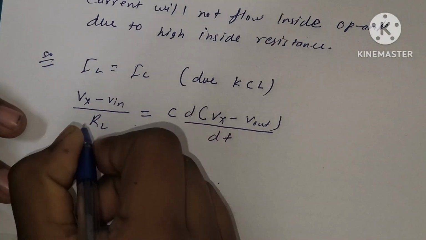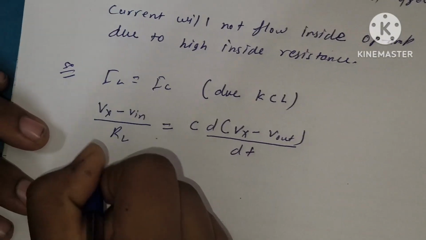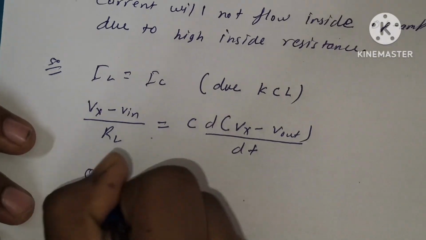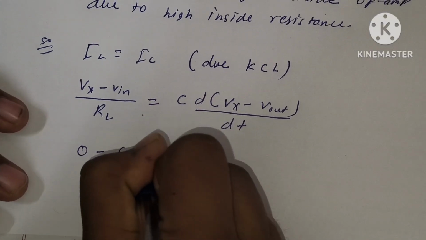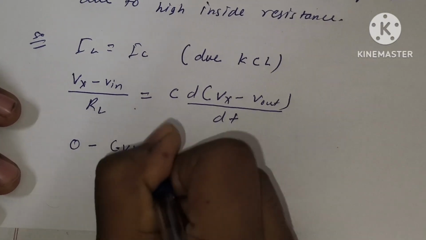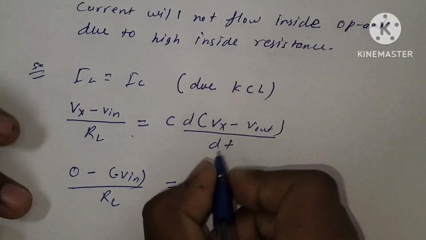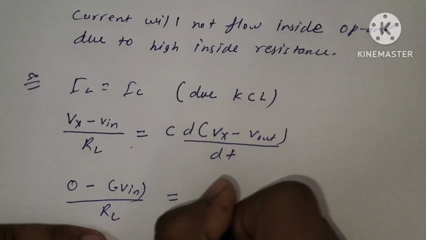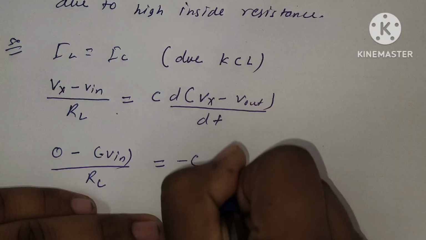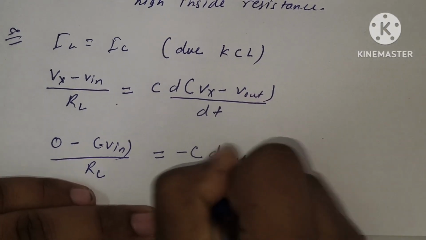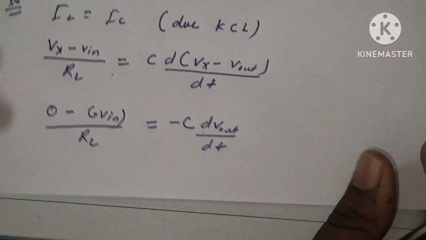As we know, Vx is equal to 0, so minus V in by RL, the load resistance, equals C times minus dV out by dt.